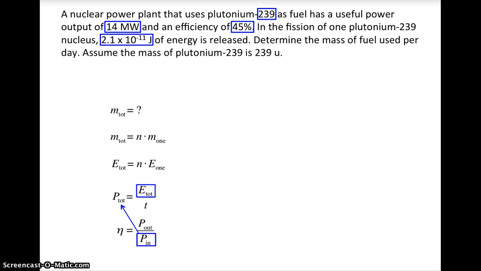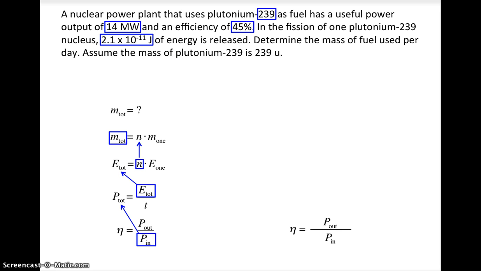From the next equation, we'll find the total energy released by all the nuclei together, and then we'll substitute that in right here. And then we'll find how many nuclei there are from this equation here, and we'll substitute that value in right here. And from that, we'll find the unknown, the total mass.